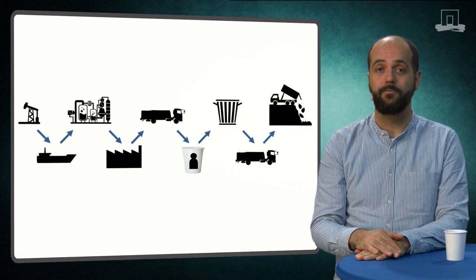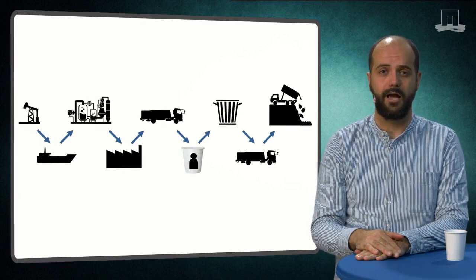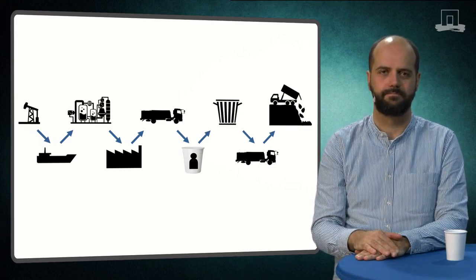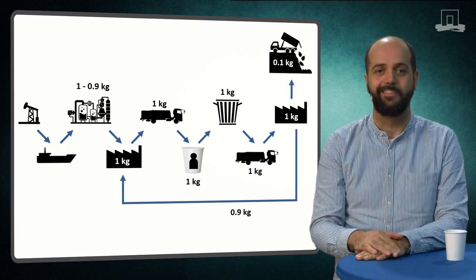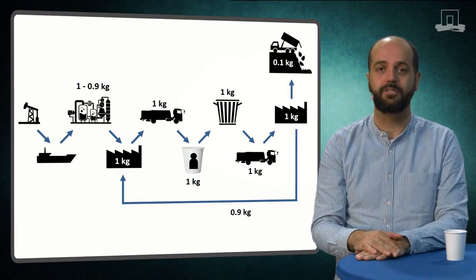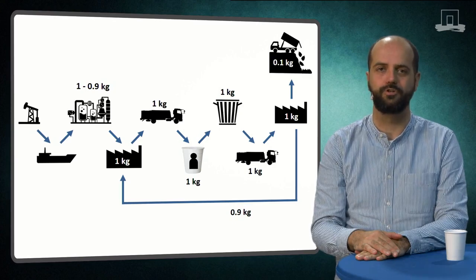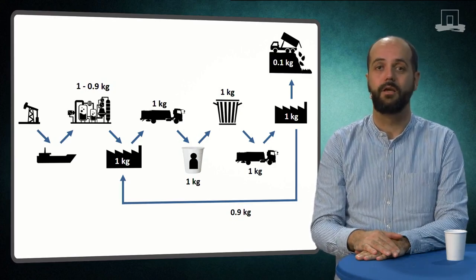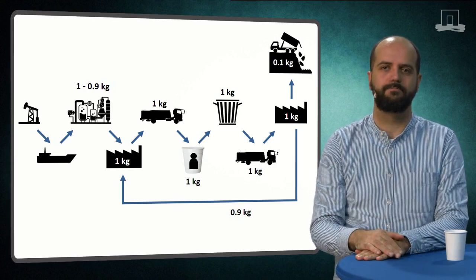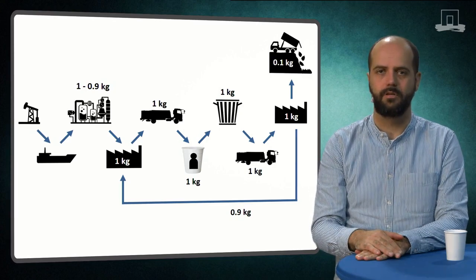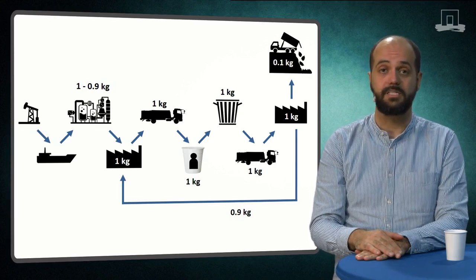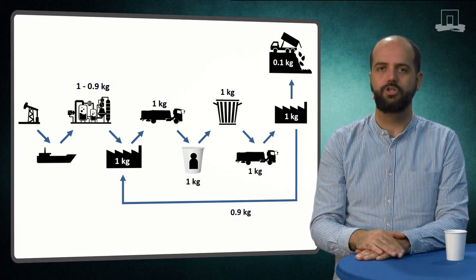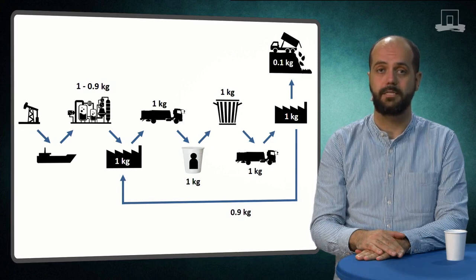Now, if we get some material back at the end of the product life, how should we account for that? Well, you might say, that's easy. We simply deduct the quantity we get back at the end from the original quantity produced. For example, if we made 1 kilogram of polypropylene to begin with, and we are able to get 90% of that back at the end of the product life by recycling, then we can reduce the elementary flows of the initial 1 kilogram by 90%.